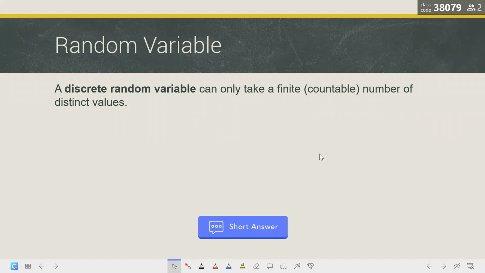What else? Ano pa? Sige, Ana. Number of houses in Barangay Tinigiban. Very good. Number of households in Barangay Tinigiban. What else? Sige, Princess. Number of newborn puppies.